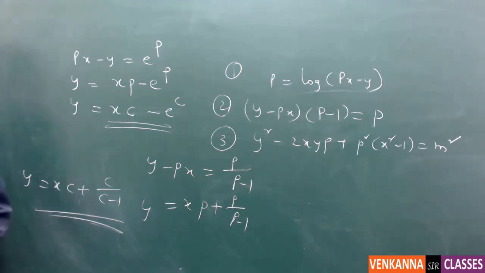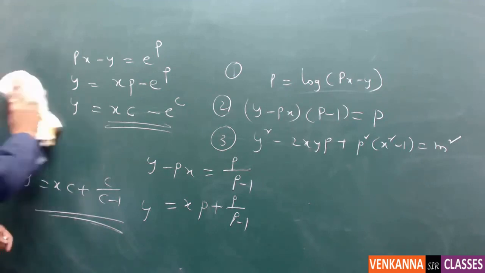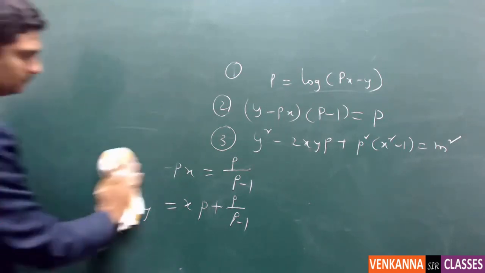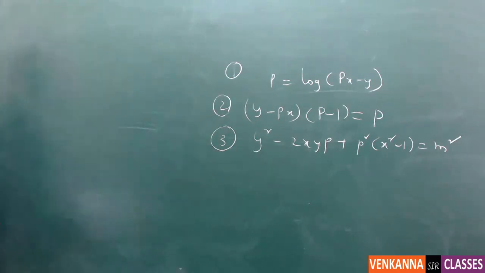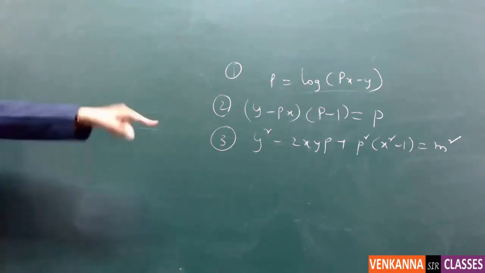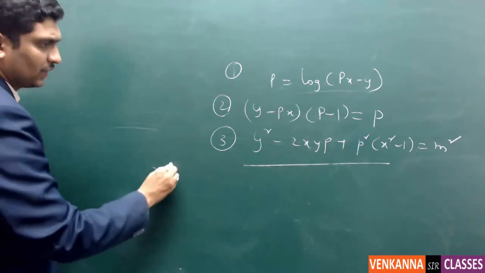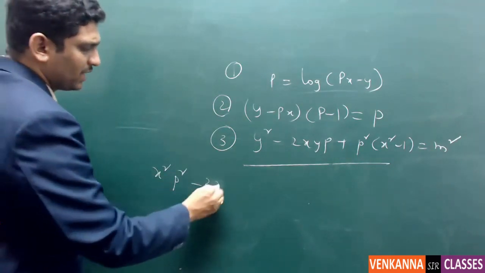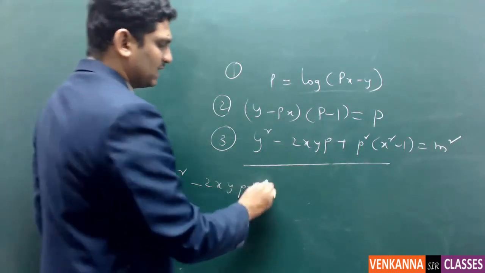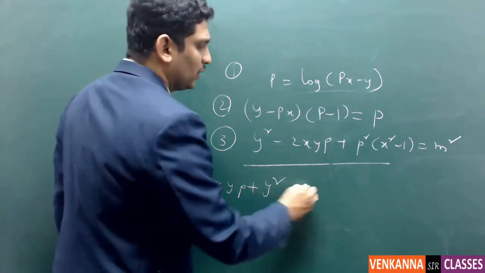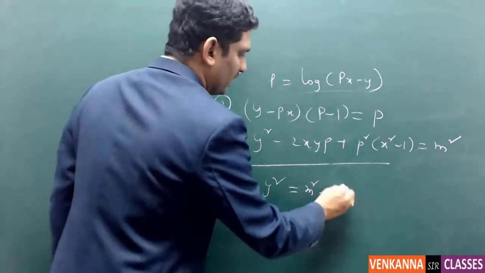Right. So for the third one, if you take that to this portion, square p square minus 2xyp plus y square is equal to m square plus p square.